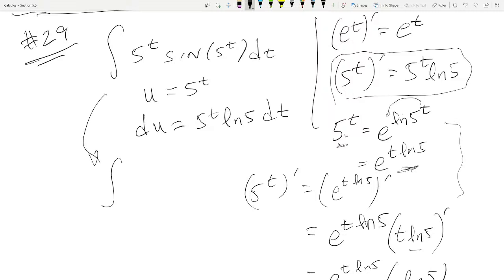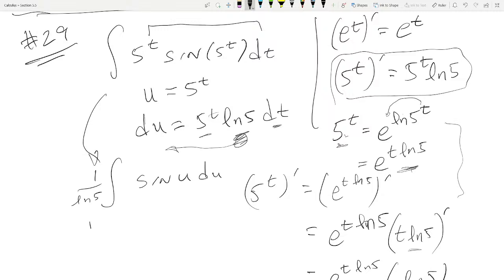Now when I substitute over here, I get sine u by design, but I still have that 5^t dt. So when I substitute for the 5^t dt, I have to pull the ln 5 over to the other side. And that'll give me 1 over ln 5 sine u du.